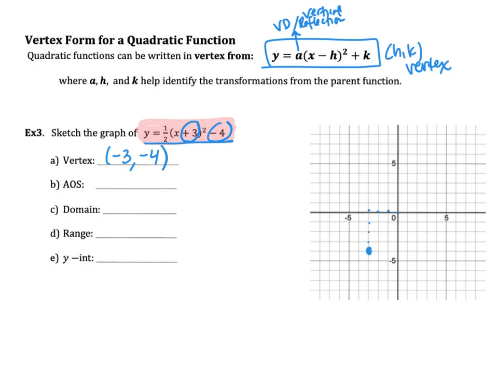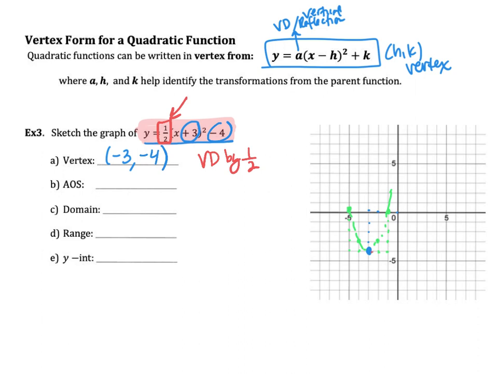Okay, from my vertex, I typically would go right 1, up 1, left 1, up 1, right 2, up 4, because 2 squared is 4, left 2, up 4, and this would be my parabola. However, it's not the case because I have a half as my a, so I have a vertical dilation by 1/2.